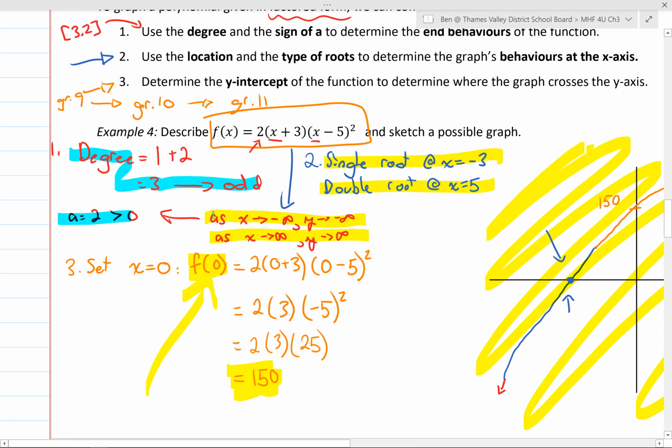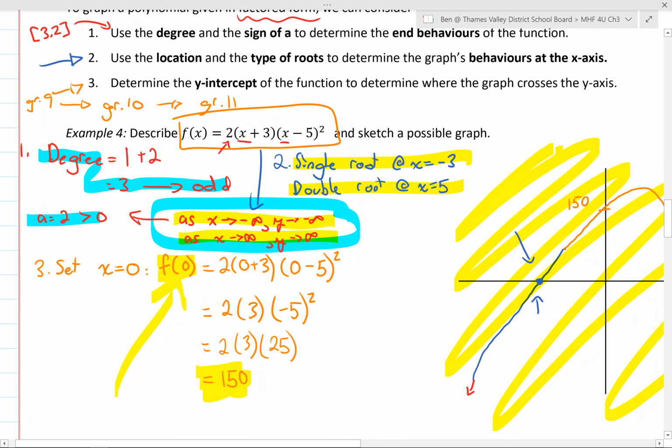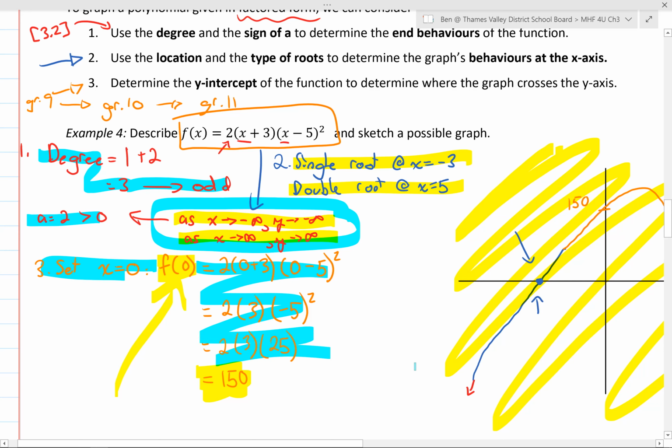Because of those, that's how I know my end behaviors. My single root and double root, I know right from here. With this, I think it shows your skills enough to be able to write them out rather than just sketching them right here. And lastly, you know your y-intercept because you calculated it all on your own. You did that work. That's how we know it.